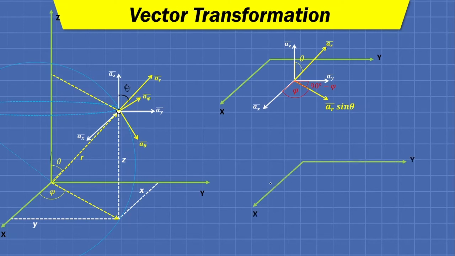Again, I have taken the xy plane separately. This is our base vector a theta bar, which is going downwards from the xy plane, and this vector is making an angle of 90 degrees plus theta with the z axis. So the projection of a theta on the xy plane will be a theta cos theta.